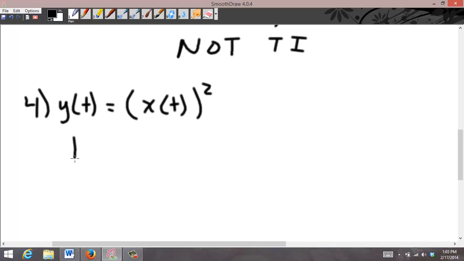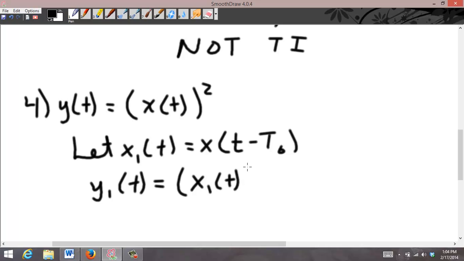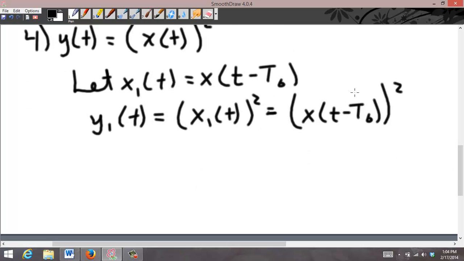So now when we let x1 of t equal x of t minus t naught, y1 of t is equal to x1 of t squared, which is going to equal x of t minus t naught squared. And again, this squaring is just squaring the amplitudes.